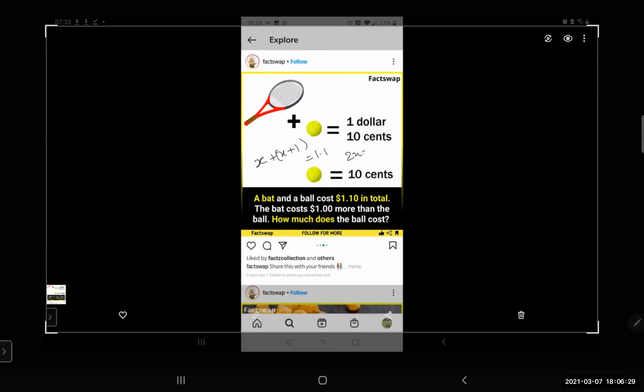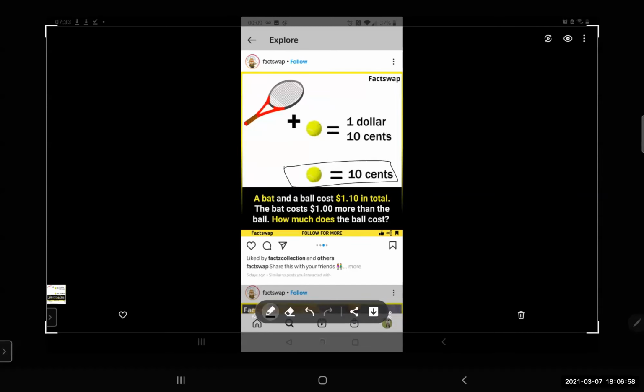So 2X equals 0.1, X equals 0.05. So the ball cost is 5 cents. The bat cost is $1.05. Together it is $1.10. Got it? Yes, sir. So the information given here in the second picture is actually redundant. It's not needed. It's just to confuse you. It's got no value to it.